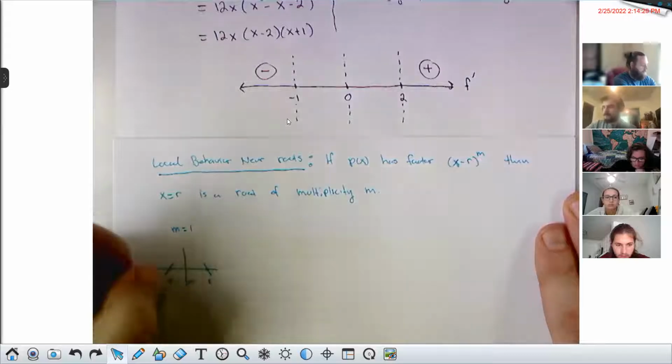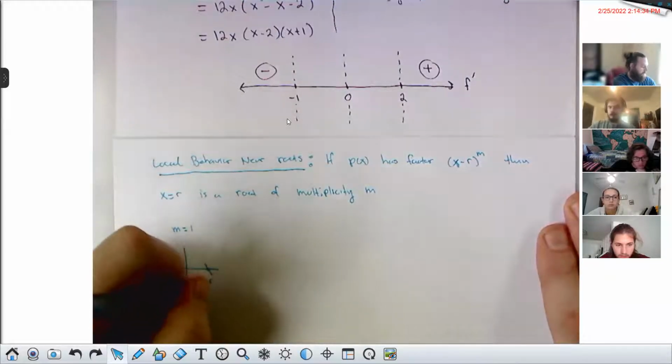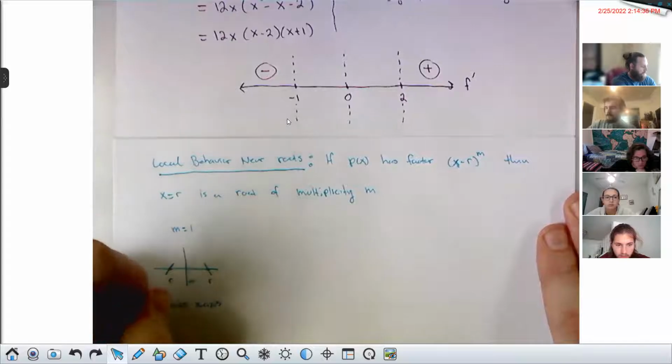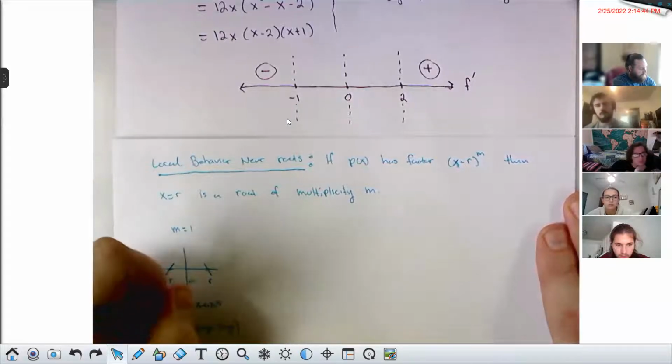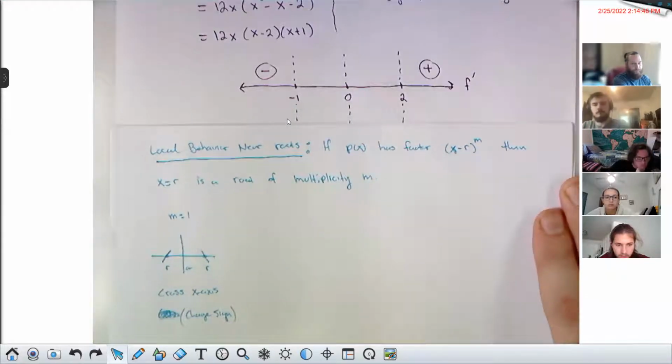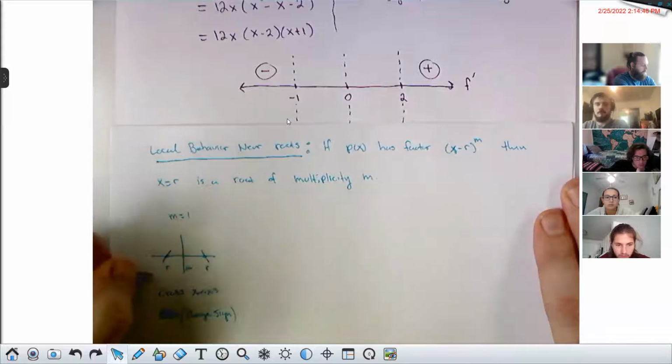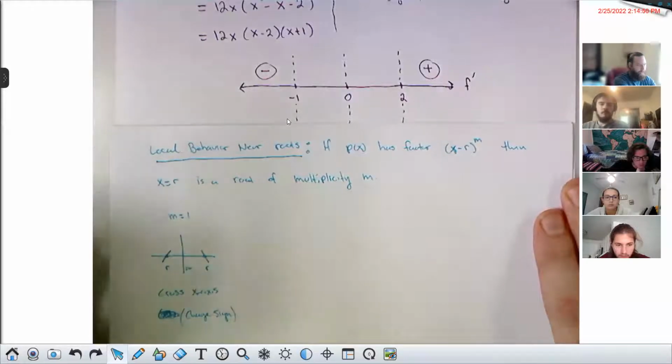You're going to cross the x-axis, and specifically, you're going to change sign. You're either going to cross from below to above or from above to below, it doesn't matter.